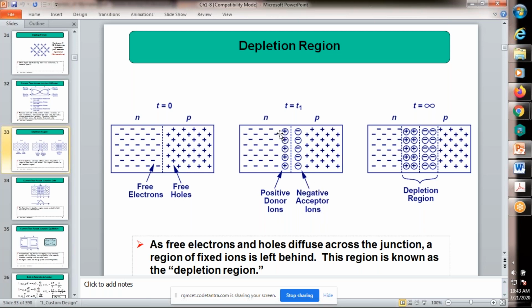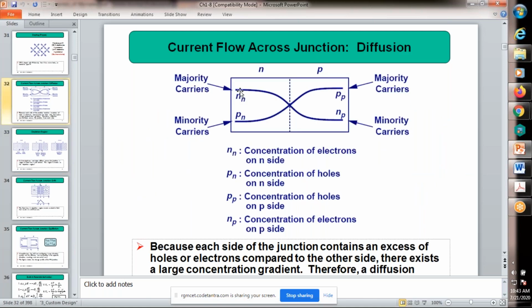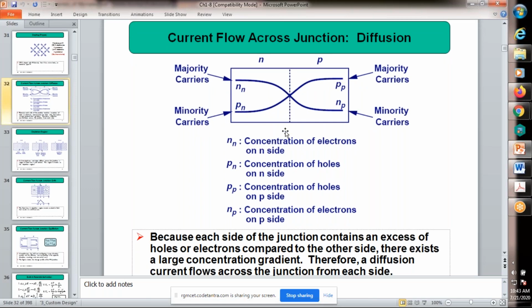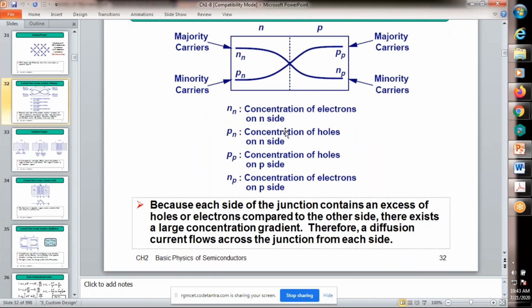This is due to the diffusion current. There is a higher concentration of electrons here and a lower concentration of electrons in the P side, so they always travel from the higher side. This process is diffusion current, current flowing across the junction. Electrons go from higher concentration to lower concentration, and similarly holes go from higher concentration to lower concentration.